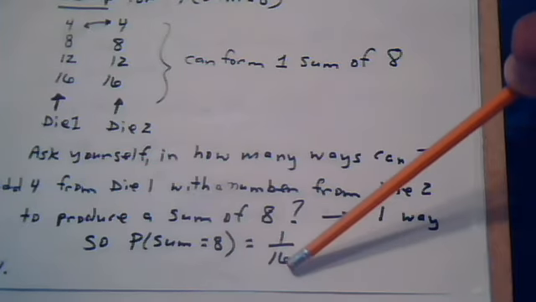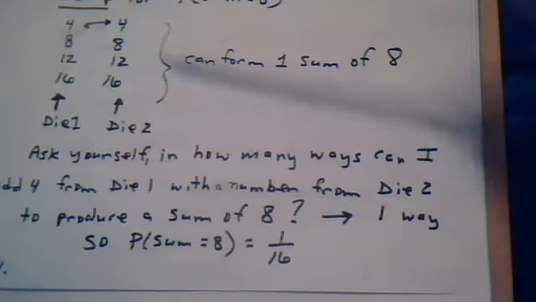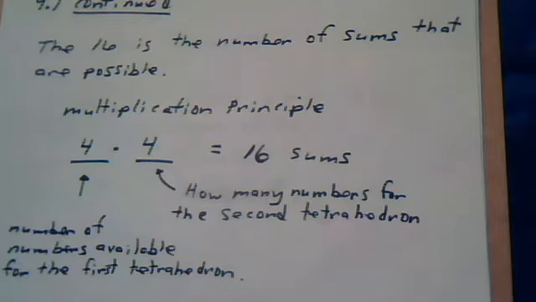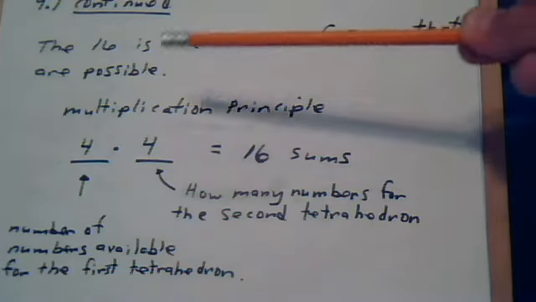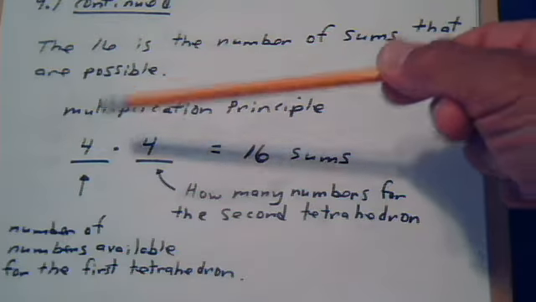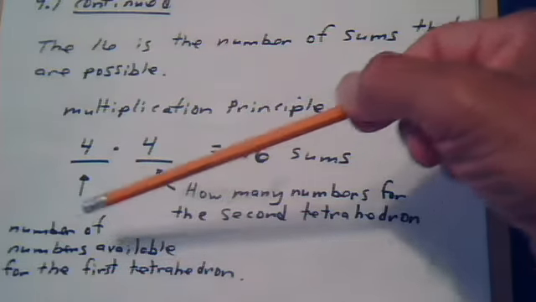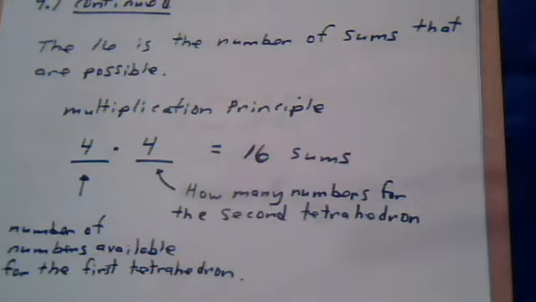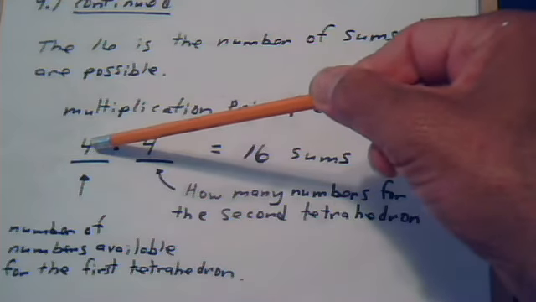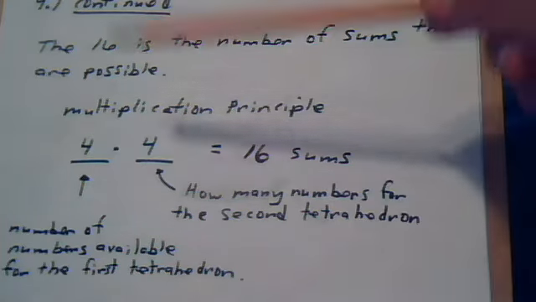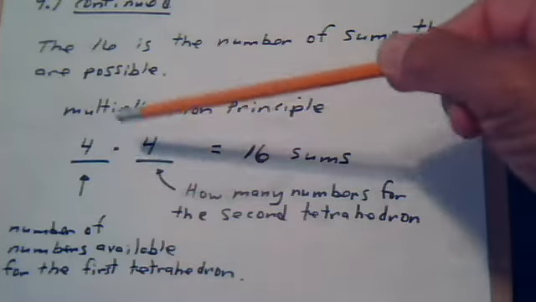There are 16 total ways that you could pair these numbers. And here is the explanation we just gave, the multiplication principle. Notice the first 4, number of ways available the first tetrahedron can fall. There's 4 numbers it could fall as when you toss it. And there's 4 for the second. 4 times 4 is 16.